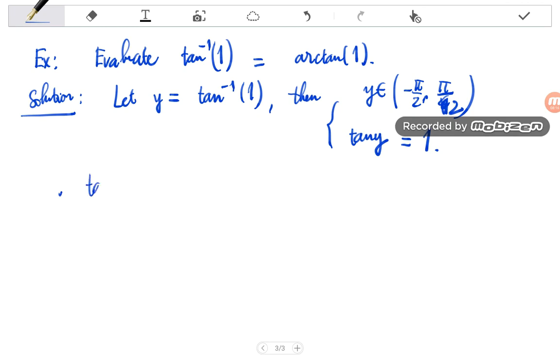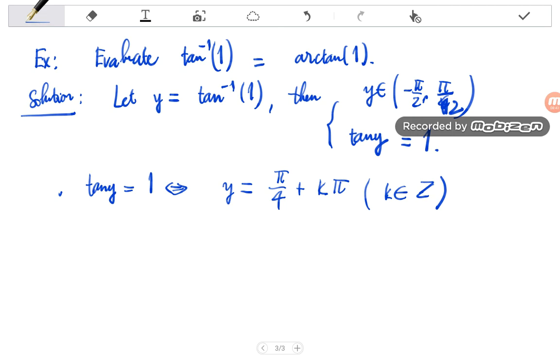First, we solve the equation tangent of y equals 1, which gives us the solutions pi over 4 plus k pi, with k in the set of integers.